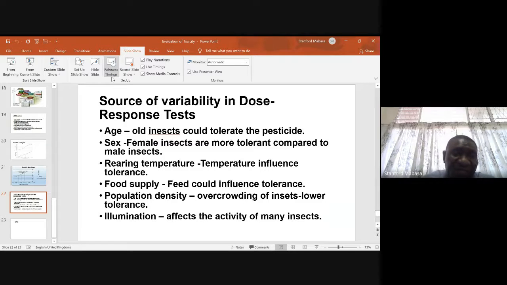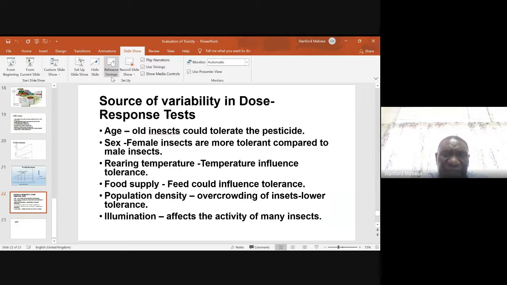Sorry about the disturbance. Now, these studies can be affected by, let's say, age. If we're working with insects, all the insects could tolerate the pesticide. This can be affected by sex.